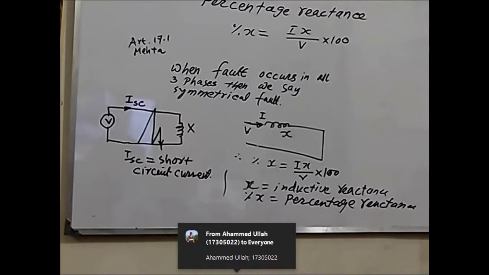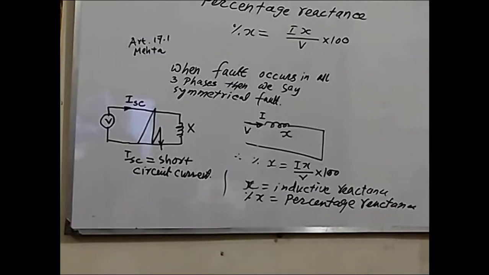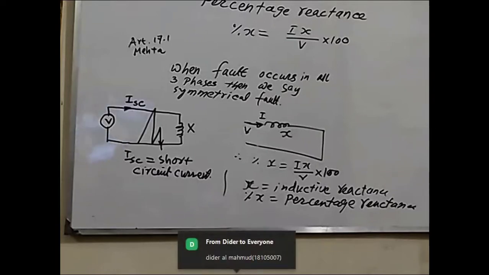Suppose Ohm's law, I equal to V by R. If there is short circuit, what will be the current? I will be V by 0, equal to infinity. Ohm's law, I equal to V by R in DC circuit. But in AC circuit, I equal to V by X because R is 0.